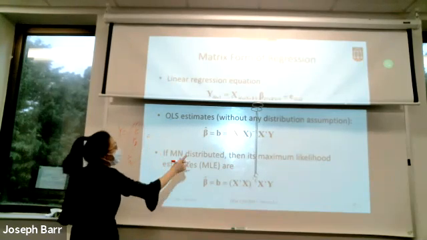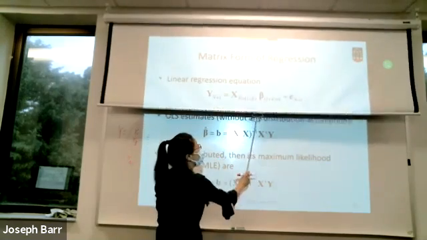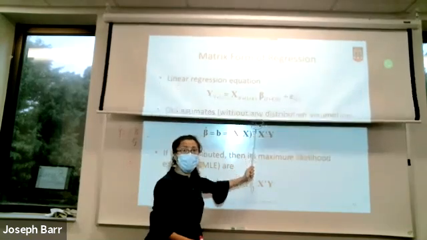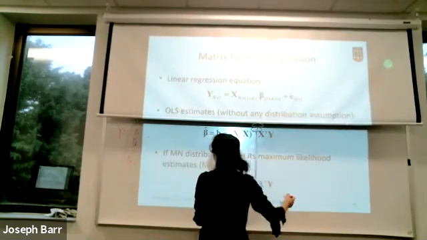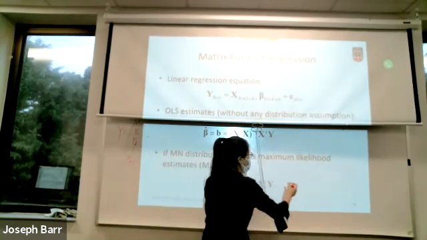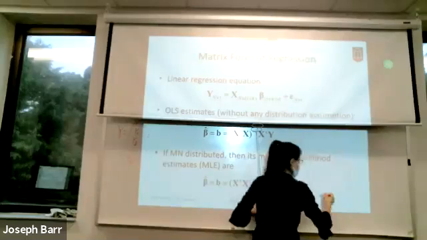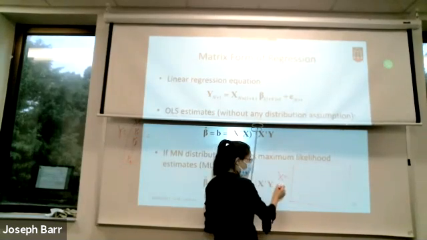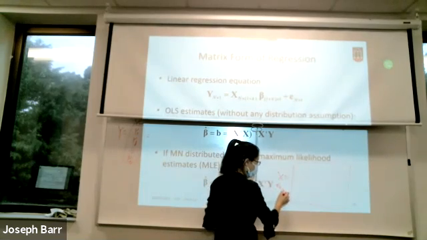And then we have X. Look at the dimension of X. What is the dimension of X? N by 1 plus k. Why is it so weird? Let's look. The dimension of matrix X is n by 1 plus k.